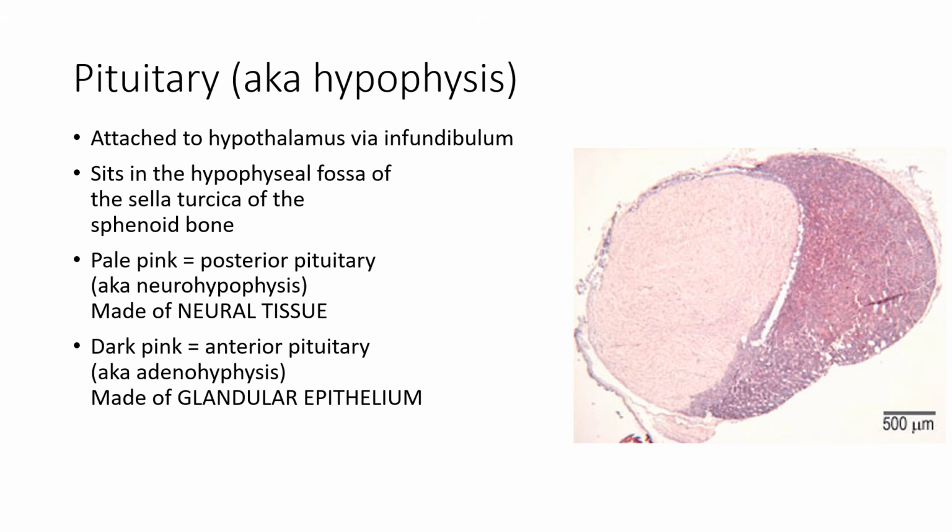Like the posterior pituitary is coming down from the hypothalamus. The anterior pituitary, as a little embryo, was originally cells that were near the roof of your mouth that went upwards.